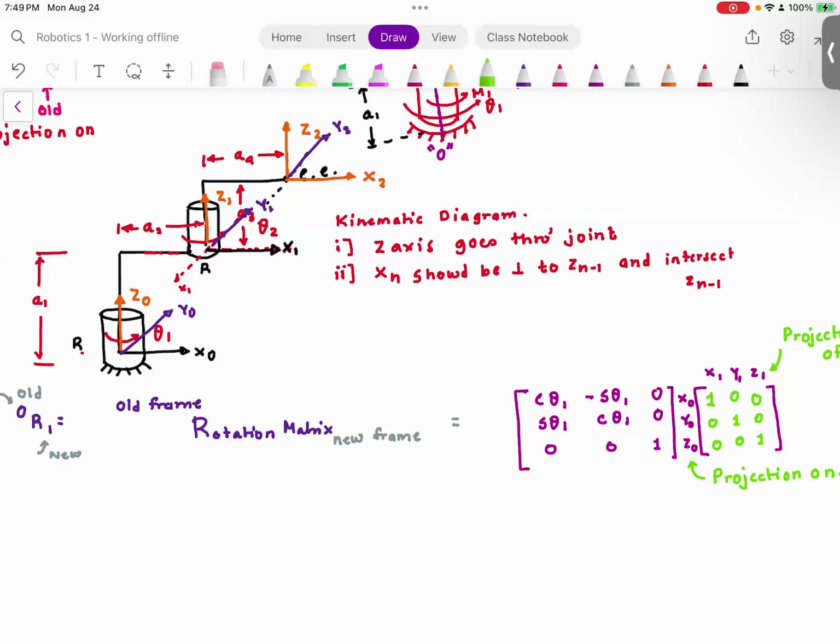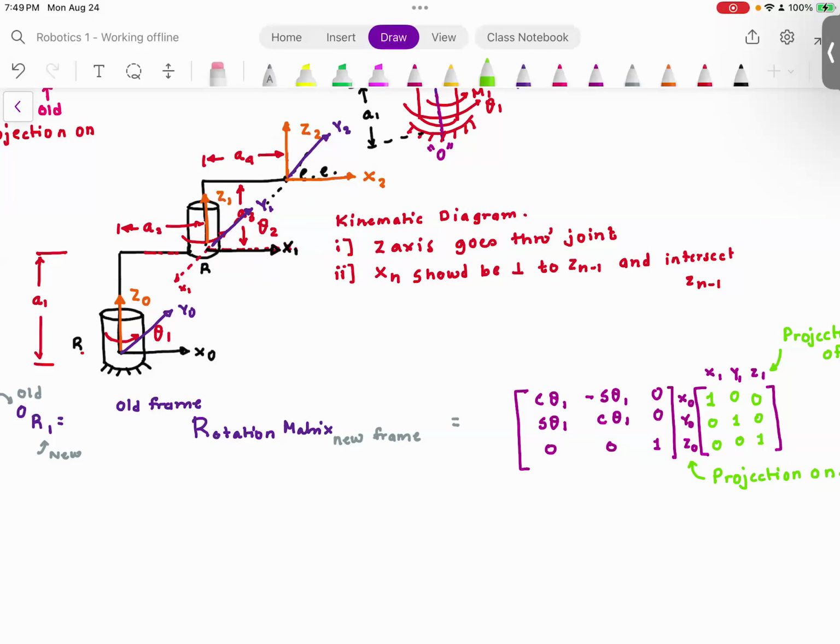But if you have some complicated problems, wherein maybe you have links which are at an angle or configuration of the robot is complicated, there you may not be able to avoid these complications. And you may get, not saying you will, you may get negative signs. Everyone understood this? Now, this rotation matrix, which is going to be constant throughout robotics 1, needs to be multiplied with this matrix. You see that this matrix is an identity matrix.